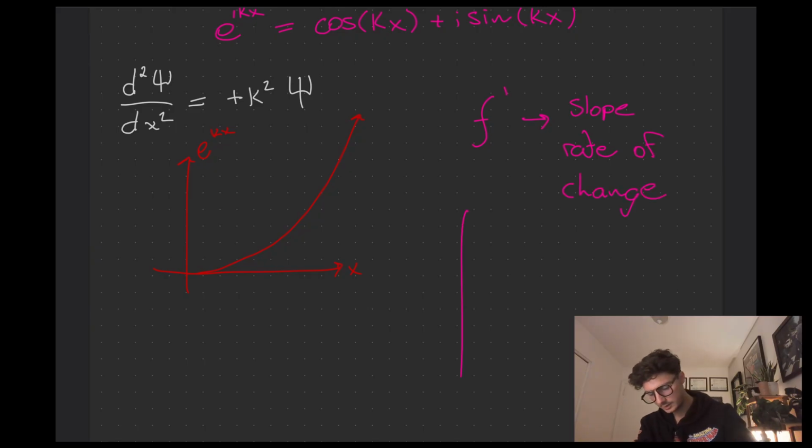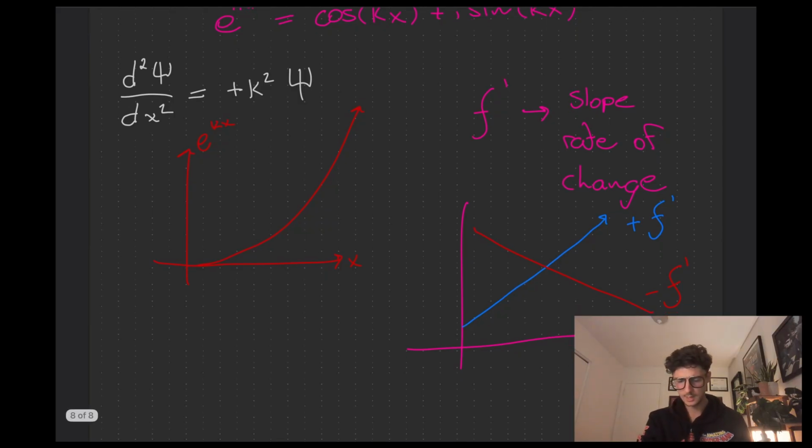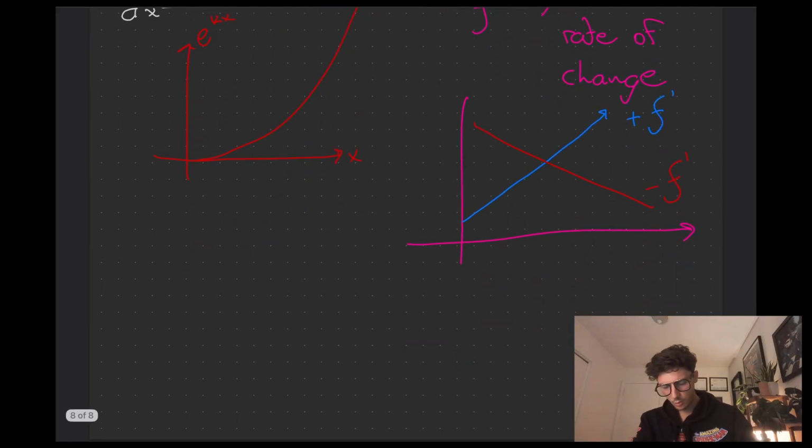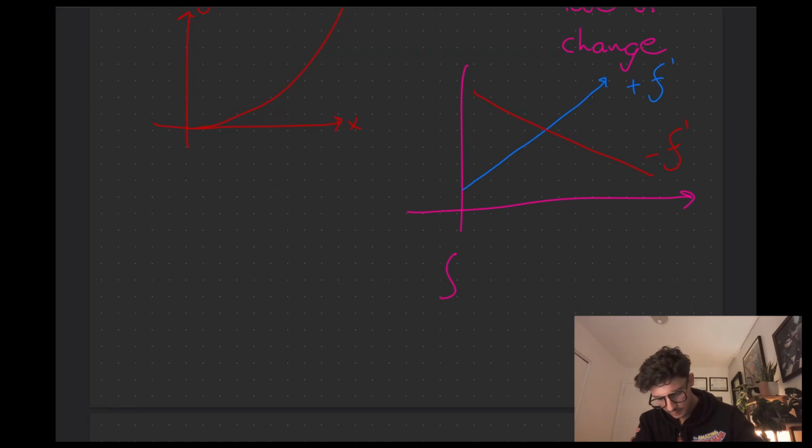If you had just a linear function, this blue function is going up, so it has a positive first derivative. And this red function over here is going down, so it has a negative first derivative. You guys remember this? What you may also remember is that the second derivative of a function tells you something about the concavity of a function.